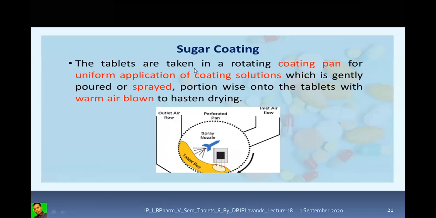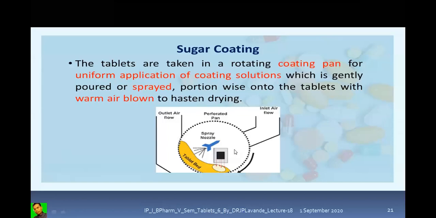The tablets are taken in a rotating coating pan for uniform application of coating solutions, which is gently poured or sprayed. The coating solution is poured portion wise, slowly. It is not completely added at once, but partially added onto the tablets with warm air blown to hasten the drying.